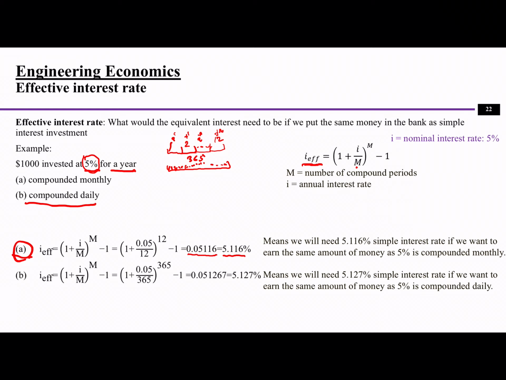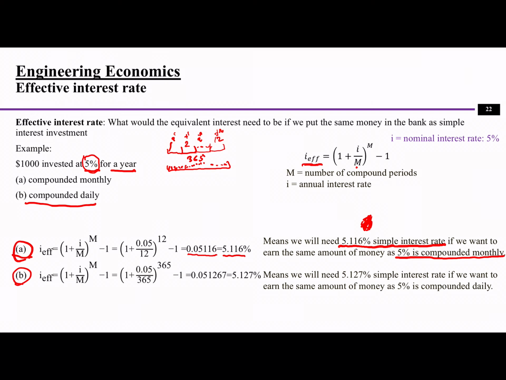It looks the same, but 5% compounded monthly is different from 5% simple interest rate. Because 5% compounded monthly only equals the same amount of money when it is 5.116% simple interest rate. If you are using 5% simple interest rate, you are actually getting less interest. You know what I mean? So this is what it means.